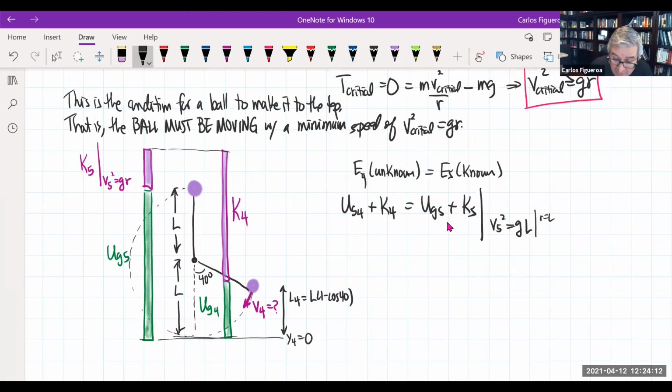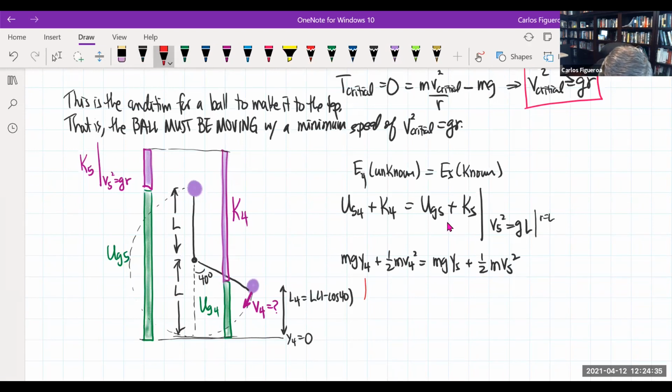So then I keep writing my terms here. So here I go. mg y4 plus 1/2 mv4 squared. And then I'm going to get mg y5 plus 1/2 mv5 squared.